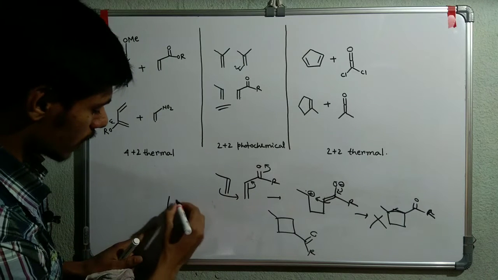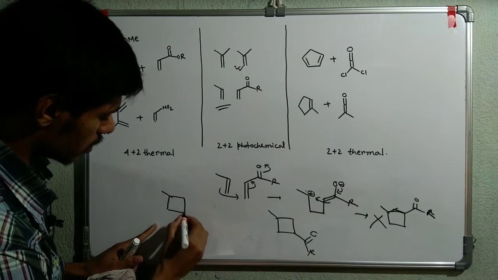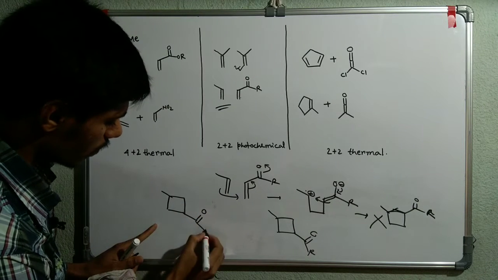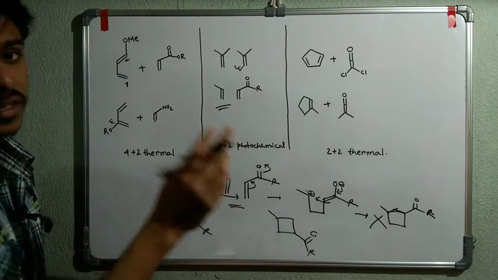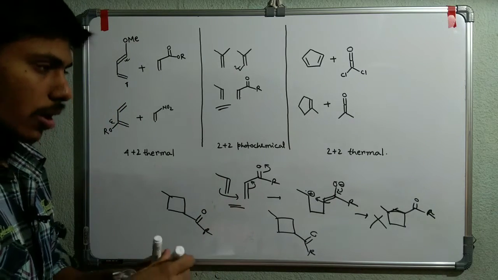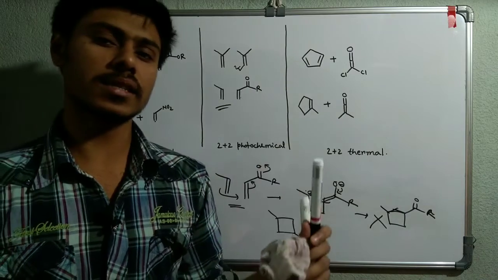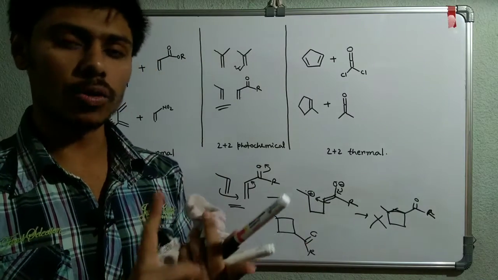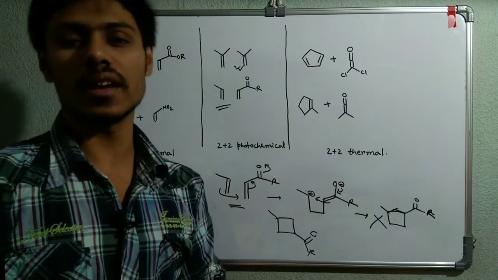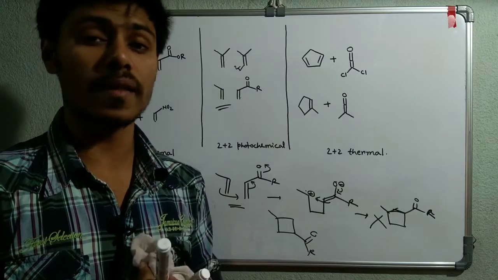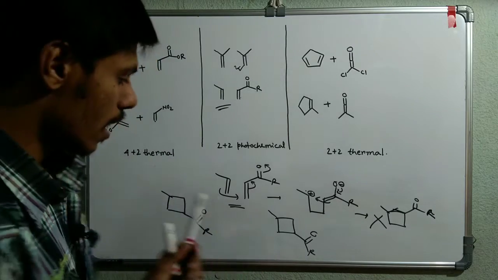So if you do the reverse, what you would get? You would get this product, because it is not thermal reaction, it is photochemical reaction. So take this thing in your mind that for thermal reaction you have to imagine the reaction as ionic, but for photochemical reaction you have to do the reverse.